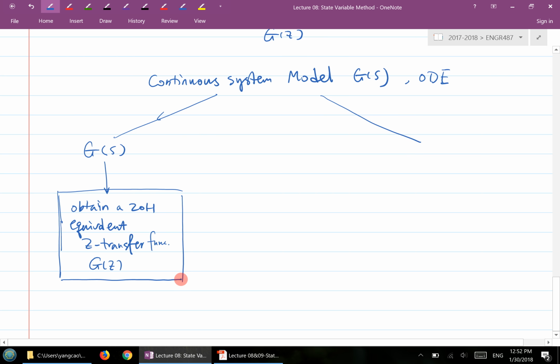We learned how to do this. In this portion, you're doing the Z transform of (1 minus e to the power negative TS) over S times G of S, which is 1 minus Z to the power negative 1, times Z of G of S over S, right? That's basically what this step is about.